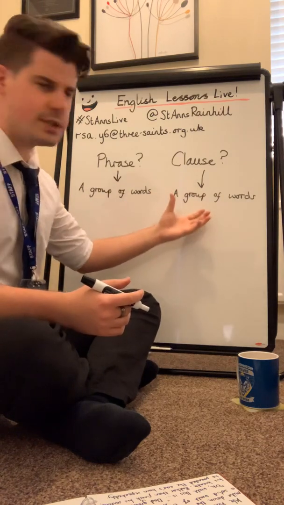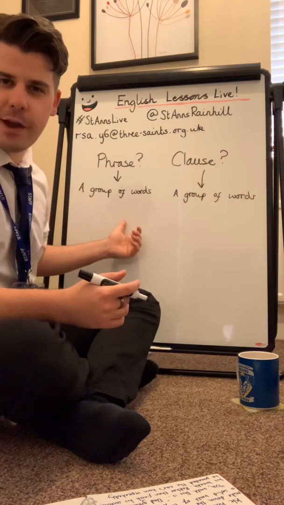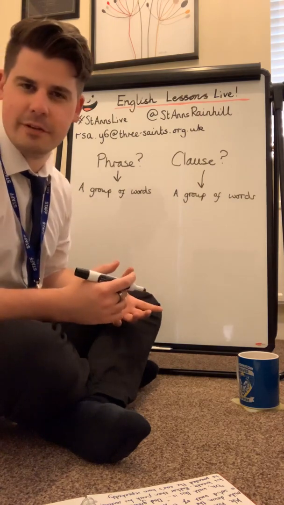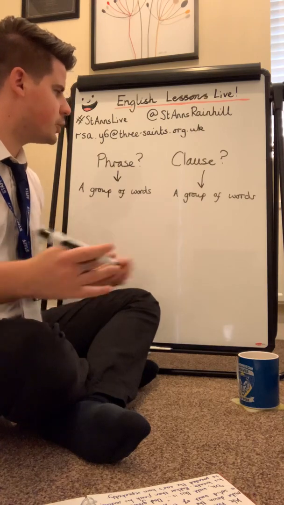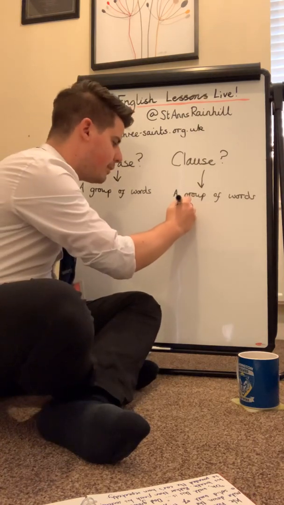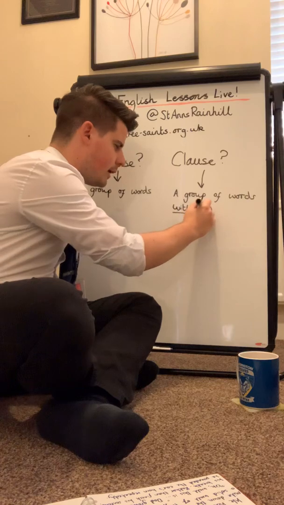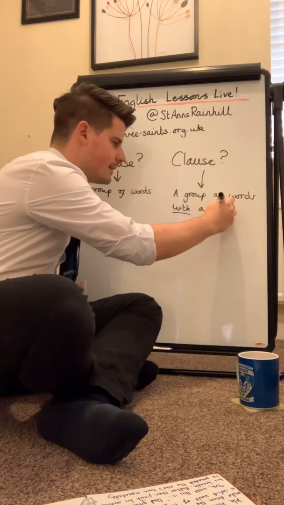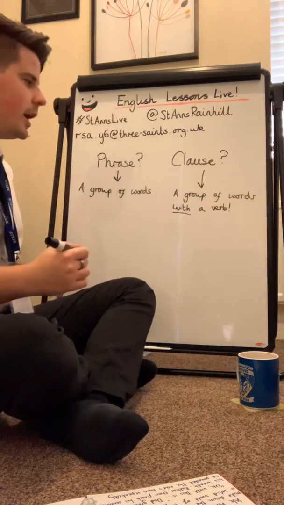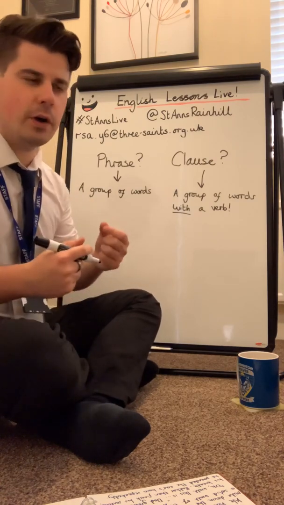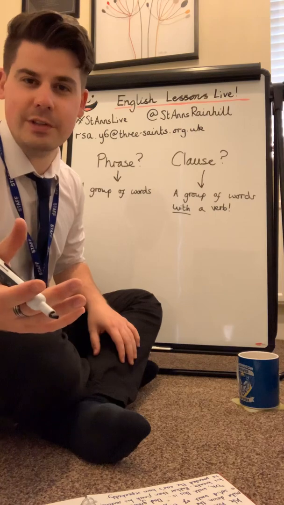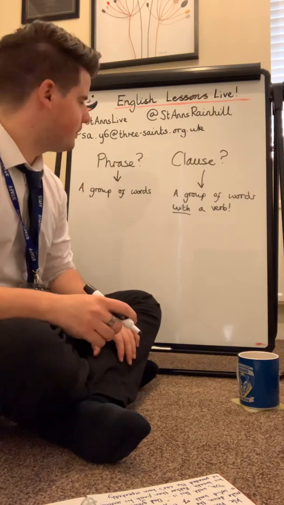But a clause has got something that a phrase doesn't have. I wonder if you know what that is. Well, a clause is a group of words with a verb. It has an action word, a doing word, like run or jump or eat, or one of your more difficult auxiliary verbs like is and was.